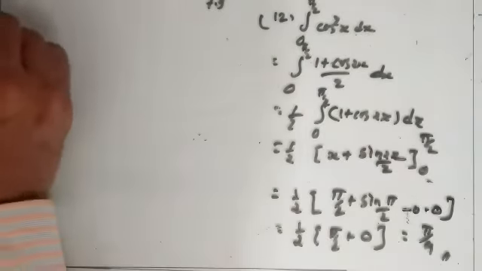So here sin pi is equal to 0, we know that. So 1 by 2, here pi by 2 plus 0 upon 2 becomes 0. So it is equal to 1 by 2 take inside, we get pi by 4. Answer. Clear?